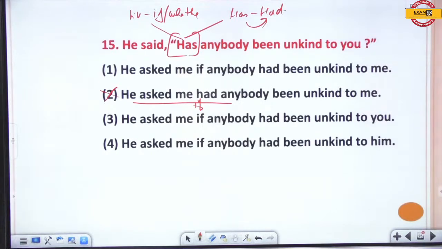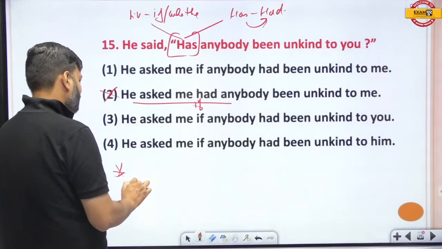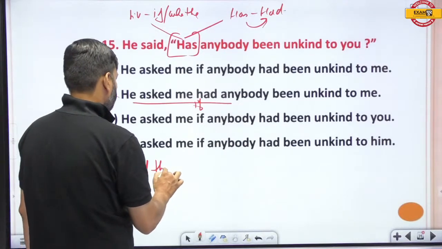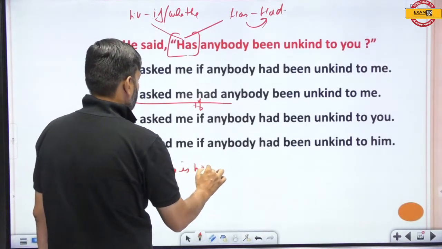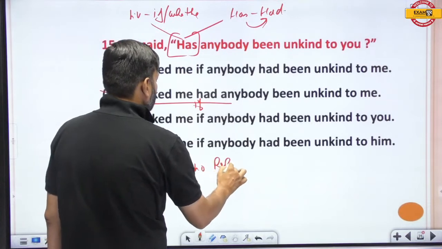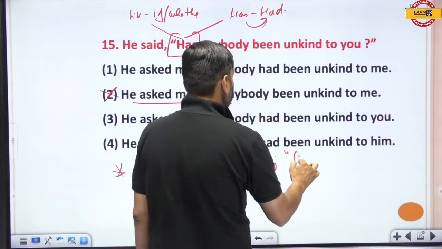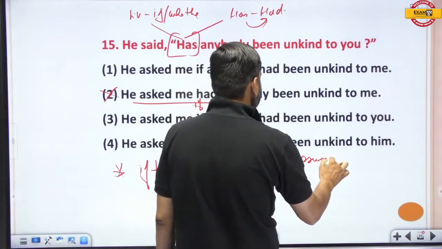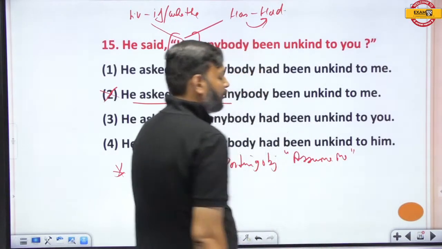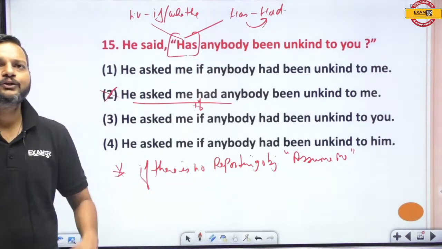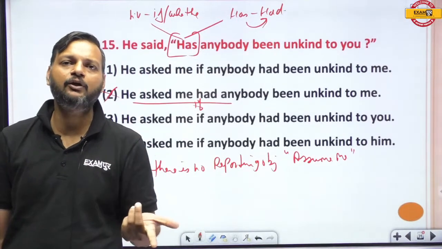Okay. So one thing you have to remember, if there is no reporting object, assume me. If there is no reporting object, you need to assume me as the reporting object.